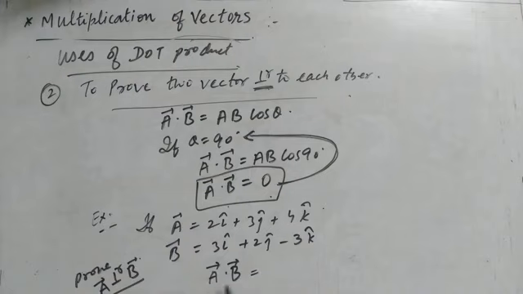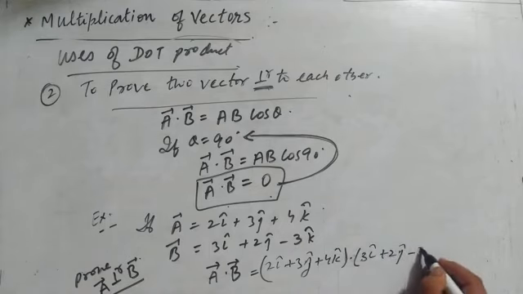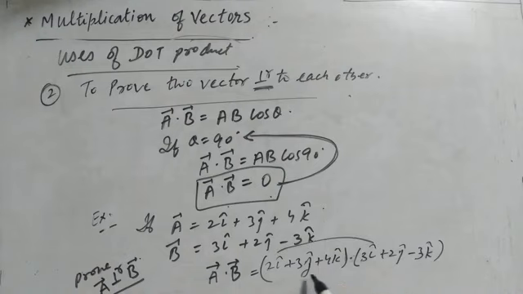So A vector dot B vector equal to 2i cap plus 3j cap plus 4k cap dot 3i plus 2j minus 3k, i with i, j with j, and k with k.